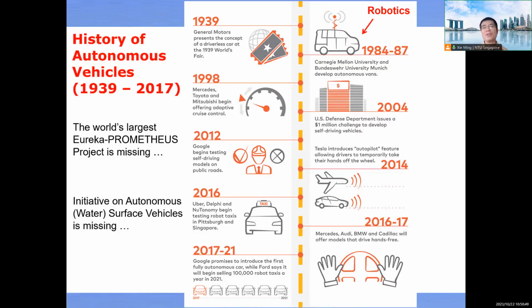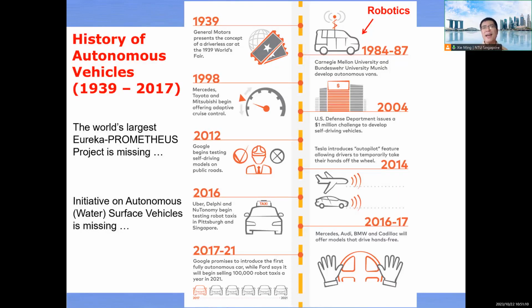So from this timeline, you see in 1984, 1987, CMU, a USA university, had a project with a focus on the development of autonomous vehicle.